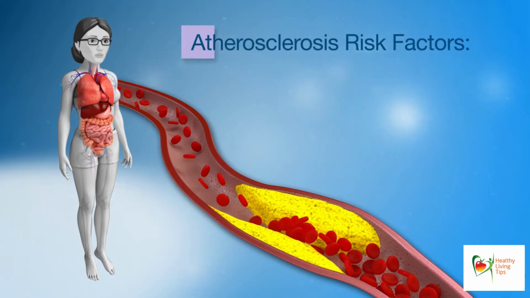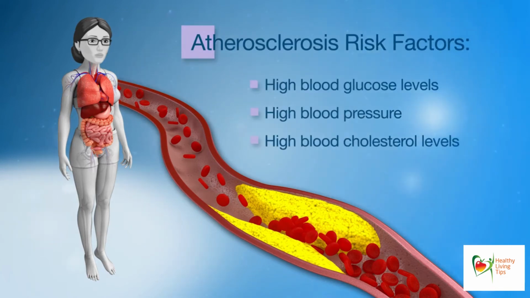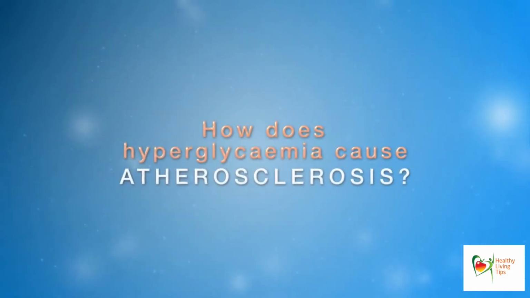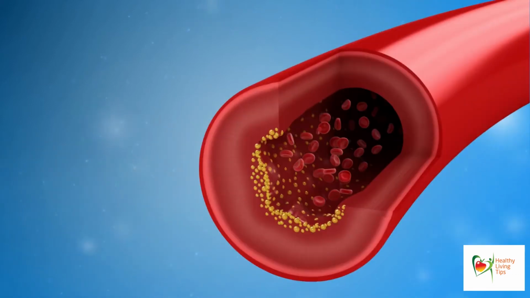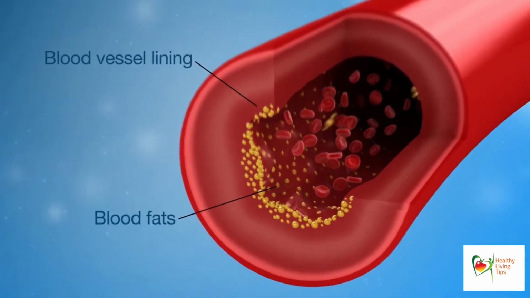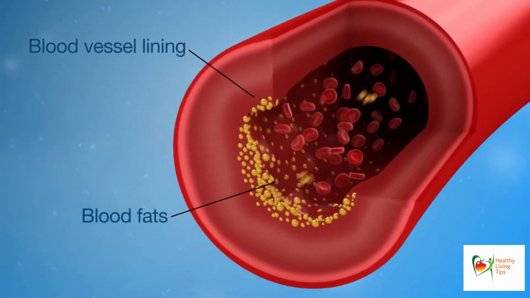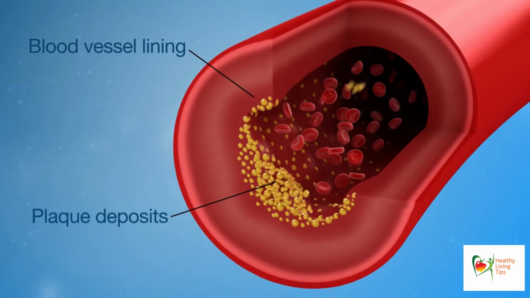The risk factors for atherosclerosis include high blood glucose levels, high blood pressure, and high blood cholesterol levels. High blood glucose levels can change the inner lining of our blood vessels. These changes over time allow blood fats and other particles to enter the cells of the blood vessel. This process causes inflammation, leading to the development of plaque deposits and atherosclerosis.